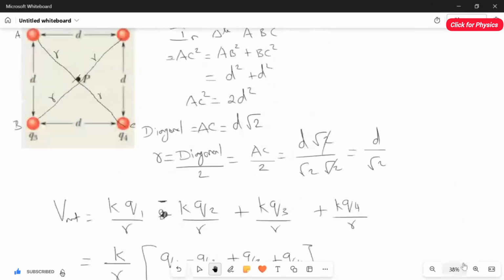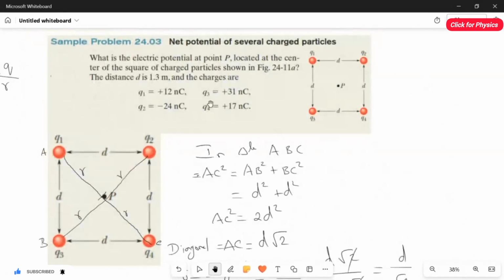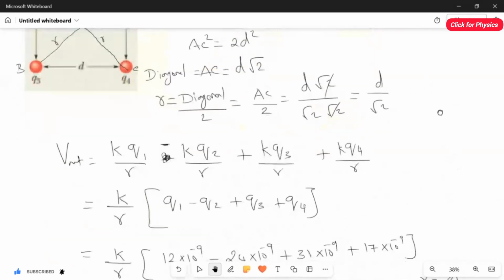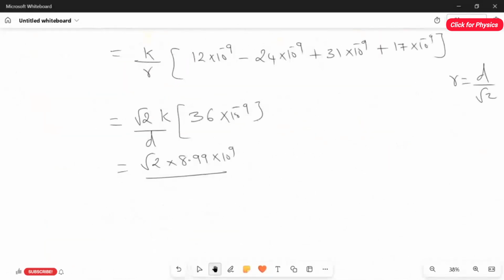The value of d given in the question is 1.3 meter, so I have to substitute 1.3 in place of d. So 1.3 multiplied by 36 times 10 to the power of minus 9. Let's see what is the net potential at point P.